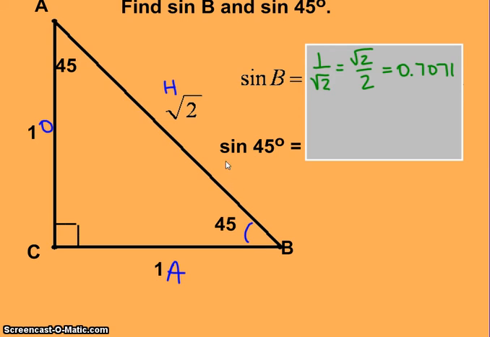Now in your calculator, I want you to find the sine button and type sine 45 and enter, and tell me what you get. Alright, so you should have gotten 0.7071. That's because angle B was 45 degrees.